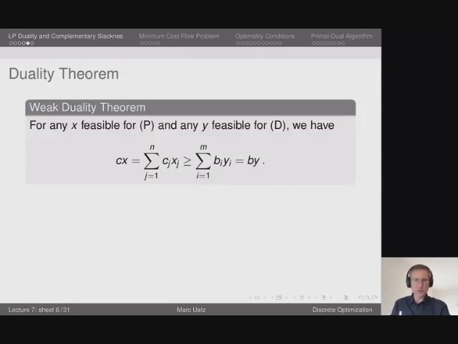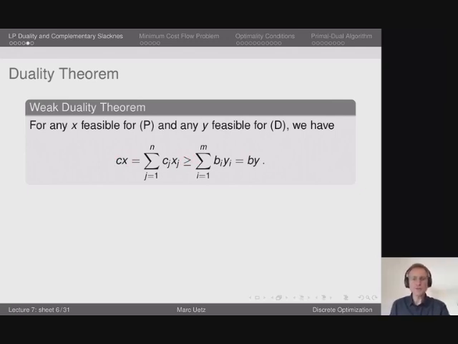in a theorem, or two theorems actually. So that's the duality theorem in linear programming, and we just derived the weak duality theorem, namely for any feasible solution of the primal problem and any feasible solution of the dual problem, we have that the dual objective function value is a lower bound on the primal objective function value, essentially by construction.